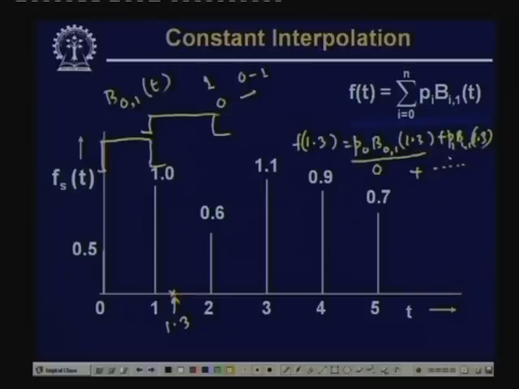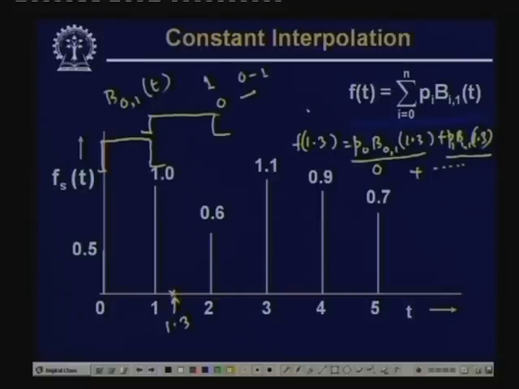Now, when I compute p_1 into b_11(1.3), you find that b_11 is equal to 1 in the range 1 to 2 excluding 2, and beyond 2 the value of b_11(t) is equal to 0.